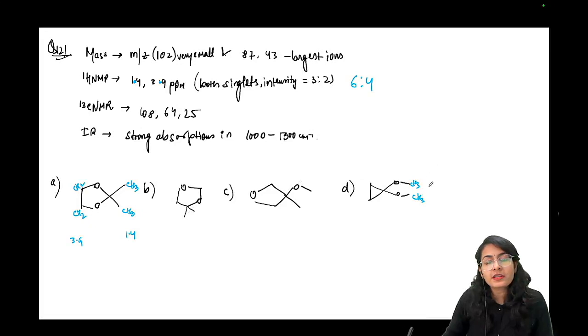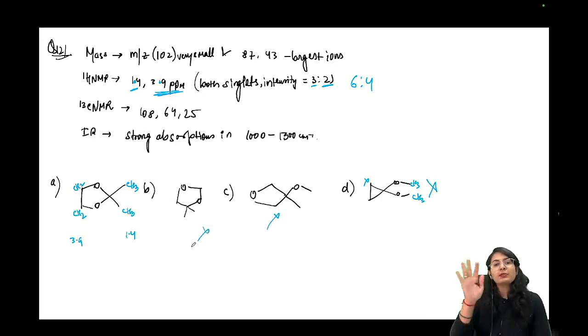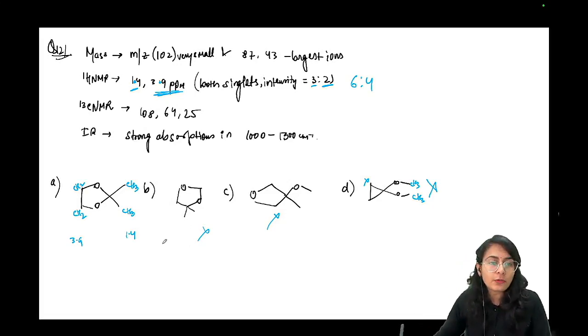But this is not for the methyl. This is for CH2, okay? And 1.4 is for the methyl, not for CH2. Both B and C are unsymmetric. They will give you a lot of protons. The answer could be A or D. And in D, it is just the reverse of what we are looking for.